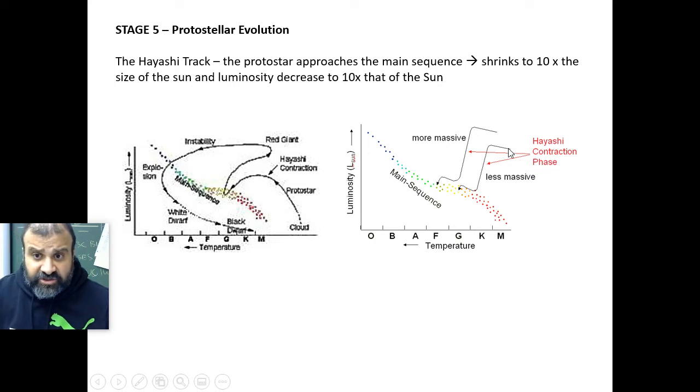In the Hayashi contraction, right, here we can see 2 different arrows. Smaller protostars will become smaller main sequence stars. Bigger protostars will become bigger main sequence stars, right? The supermassive ones will end up here being blue giants, right? The smaller ones, right, will end up here being red dwarfs.